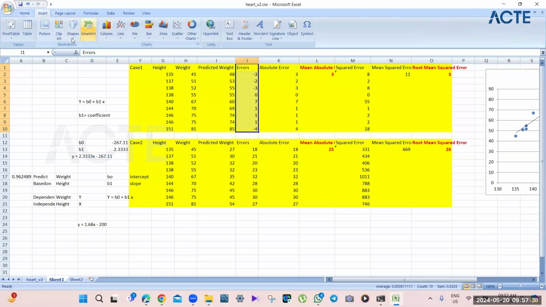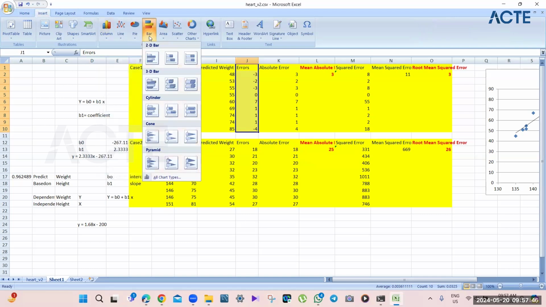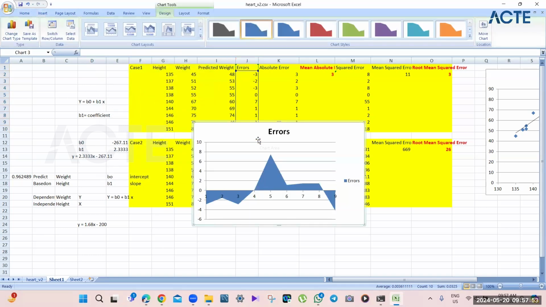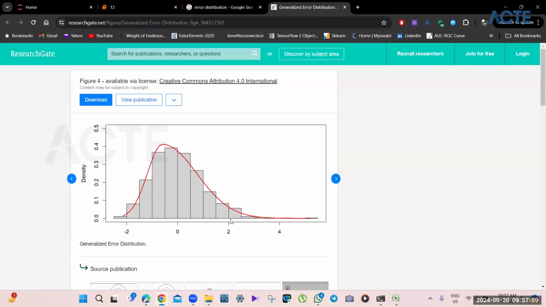I don't know if it has this alarm bar. No, it's not coming. Anyway, the point is the errors should be normally distributed.